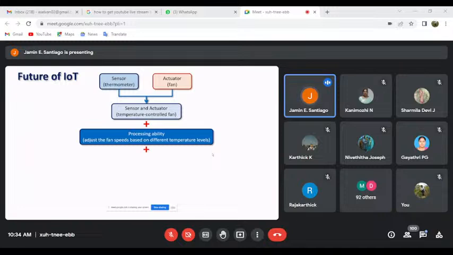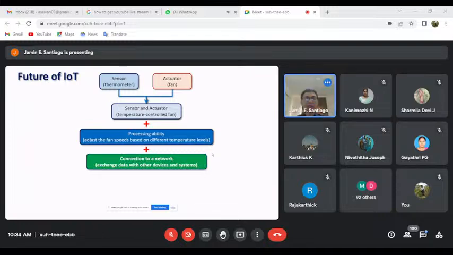Okay. Now, after this, we have to connect to a network. So when we connect to a network, we can now exchange the data with other devices and systems. For example, when it is very hot, the fan will turn on, it will adjust its speed, and what will happen?